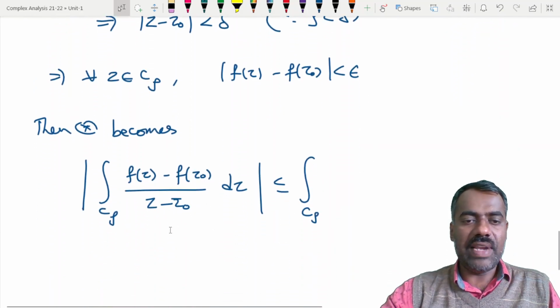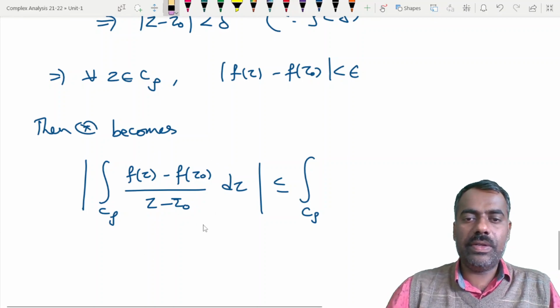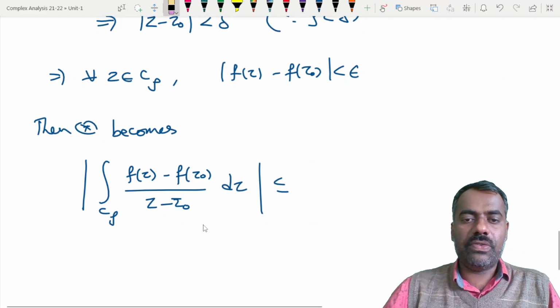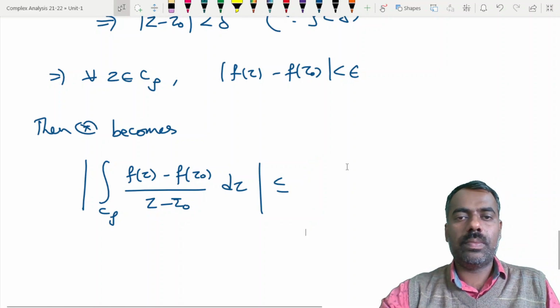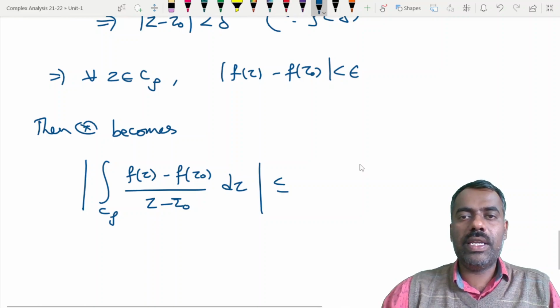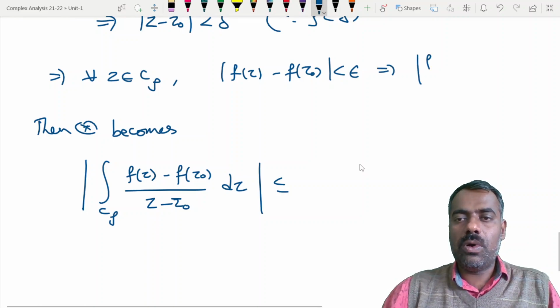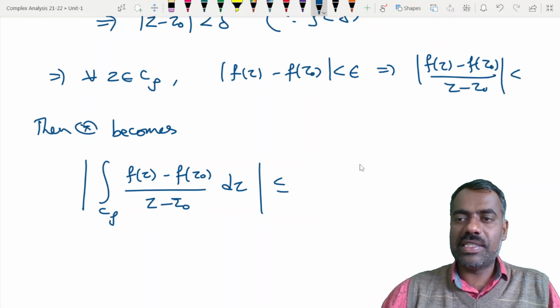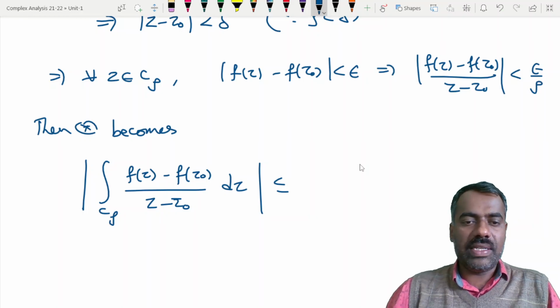And then what we will have? And the length of this curve, because you need to write like this. So therefore, you write here, this implies mod f of z minus f of z naught upon mod z minus z naught is less than epsilon by rho, because z minus z naught is rho.